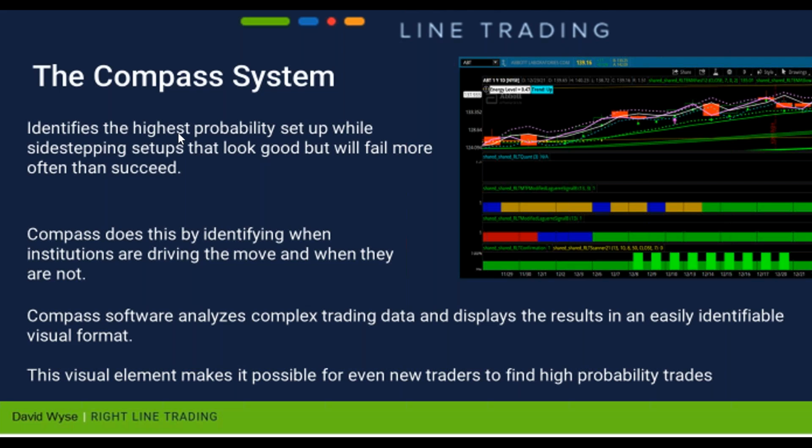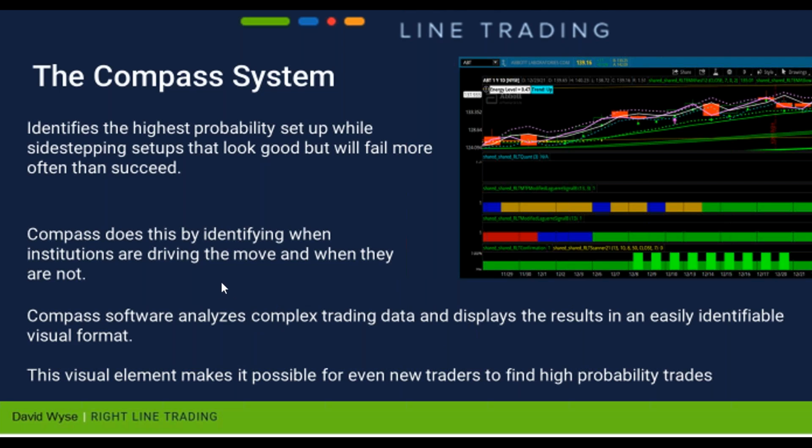Trade the best, skip the rest. It does this by identifying when the institutions are driving the move and when they're not. And it analyzes a very complex trading area. You can't get this information very easily. It takes computer systems to analyze this, and it displays the results in an easily identifiable visual format.